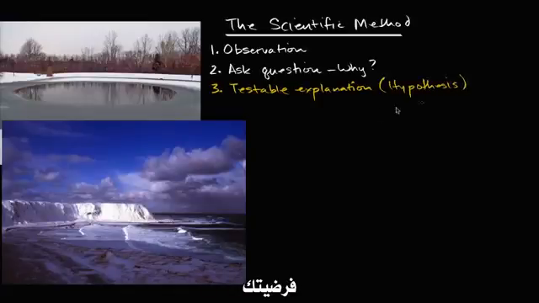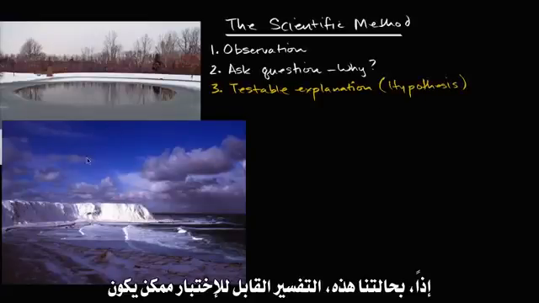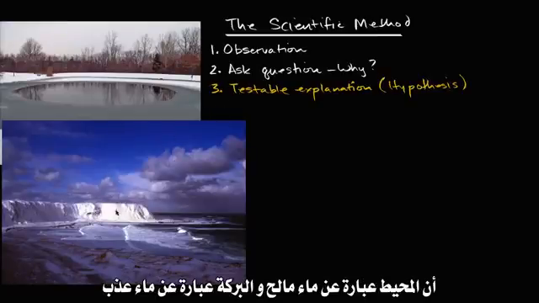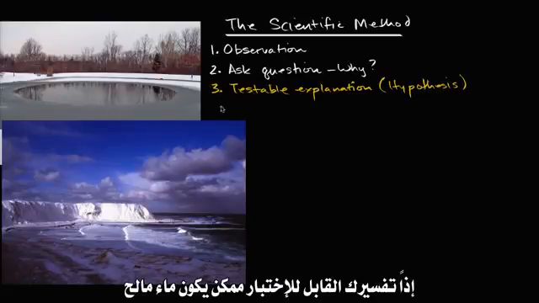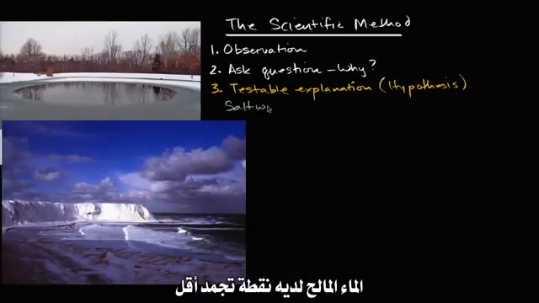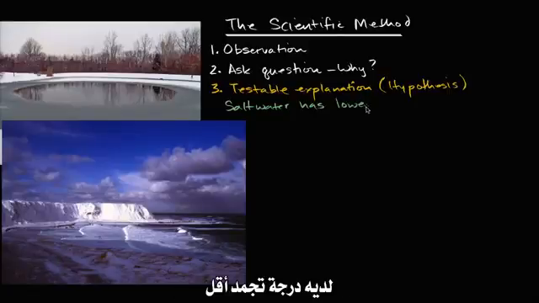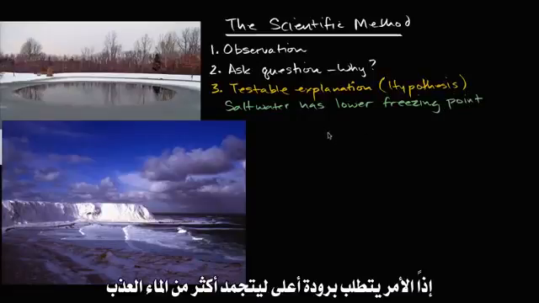Your hypothesis. And so in this particular case, a testable explanation could be that, well, the ocean is made up of salt water, and this pond is fresh water. So your testable explanation could be salt water has a lower freezing point, so it takes colder temperatures to freeze it than fresh water.